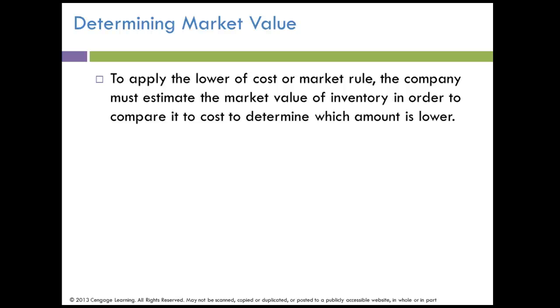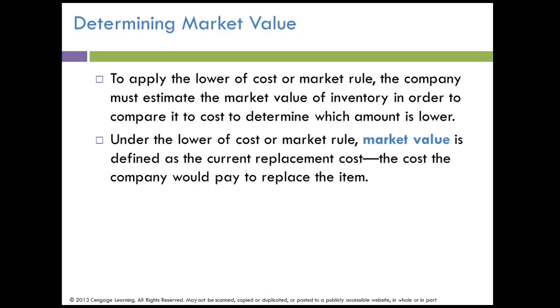Usually this will happen because if they're going to be audited, that will be something the auditors are going to look at. But generally speaking, they're going to want to show larger values than smaller values. Under the lower of cost or market rule, the market value is coined the replacement cost. So that's really what would the company now have to pay for that item to be put in their inventory.